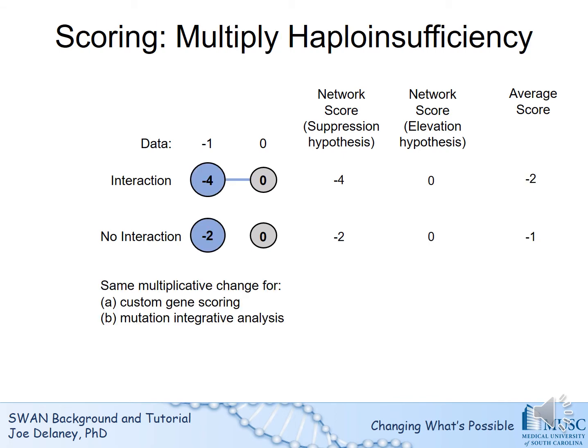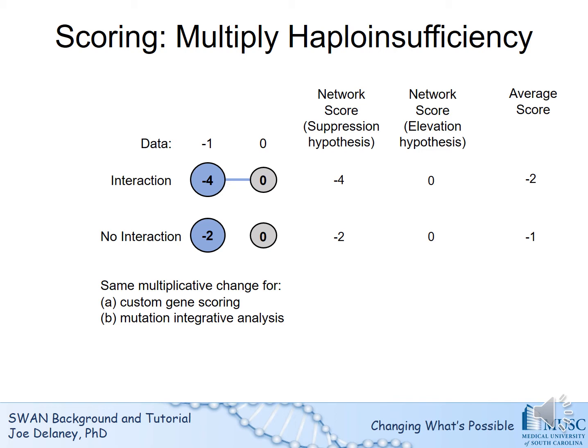Alright, now let's layer in haploinsufficiency. If one of these genes, say the one on the left, was determined as haploinsufficient, then that incurs a multiplicative score on top of that interaction multiplication already. Say it's for a mutation, it would be 10 times by default, or if you have your own custom gene scoring, then that's how it gets incorporated into each individual edge score.